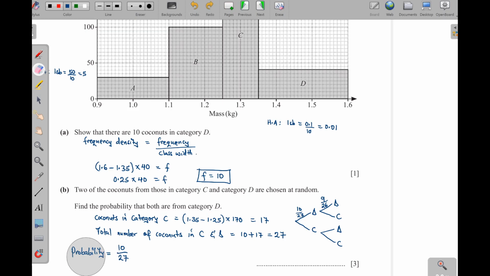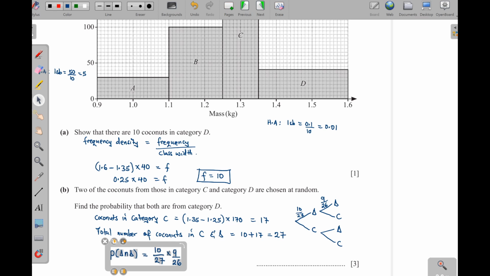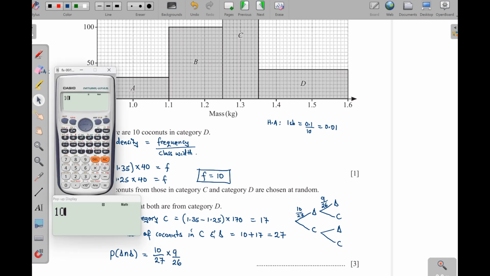So that means I'm going to have the probability of D, then D, shall be equal to 10 out of 27, then times 9 out of 26. And then we press this in the calculator, and then we write the simplified answer. So what do we get? 10 out of 27 times 9 out of 26.